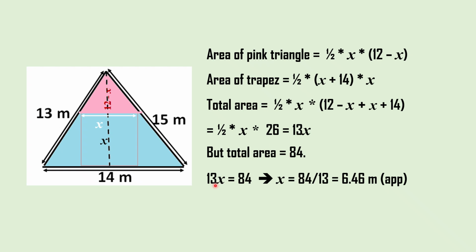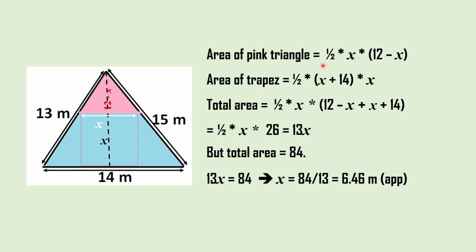So 13x equals 84. x will be 84 divided by 13, approximately 6.46 meters. So 6.46 meters is the side of the square.